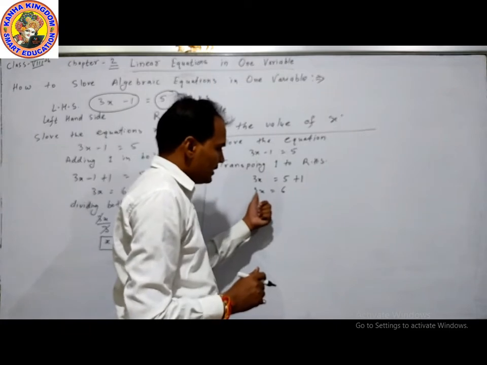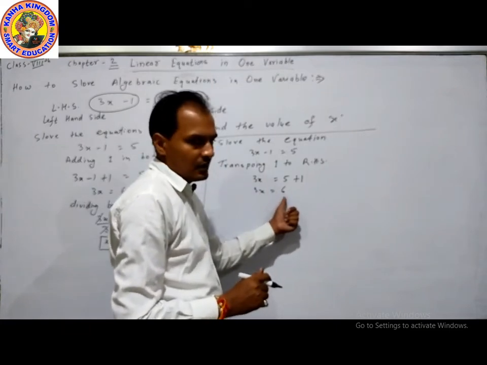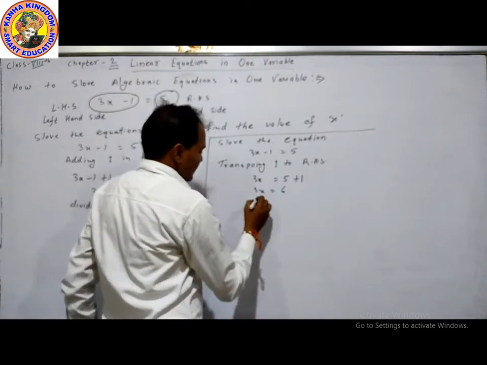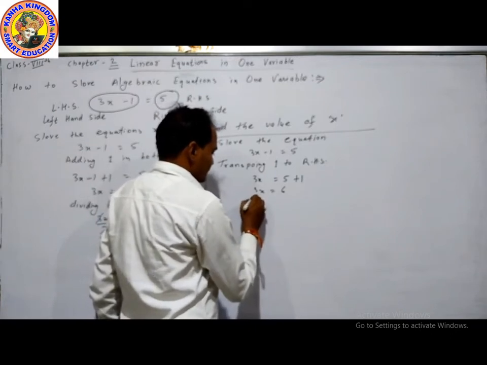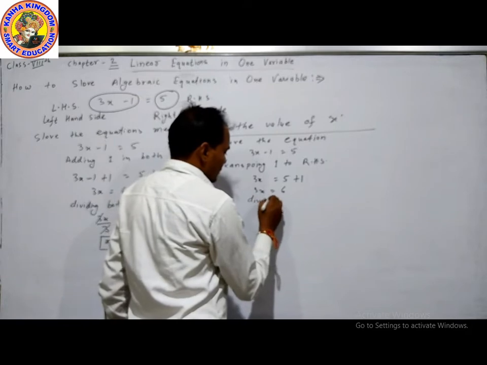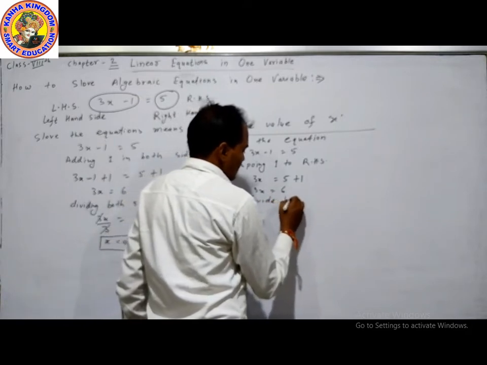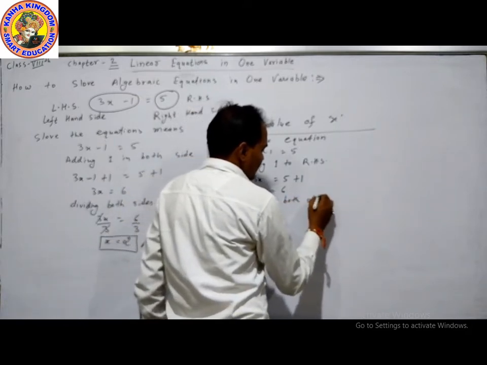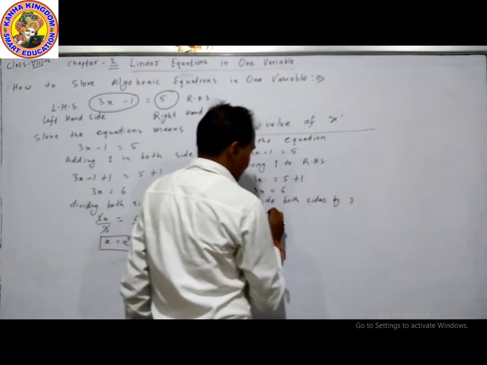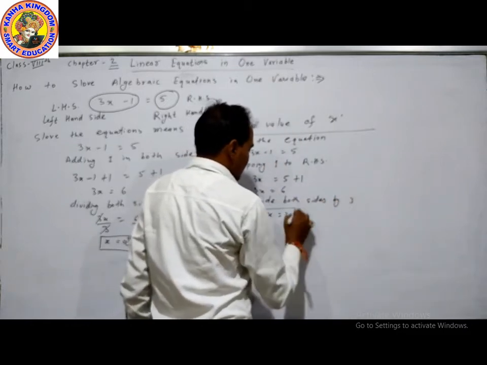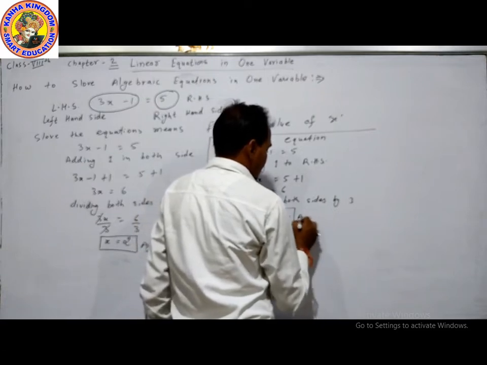Cross multiply 3 on 6, or we can also write divide both sides by 3, x is equal to 2. This is the answer.